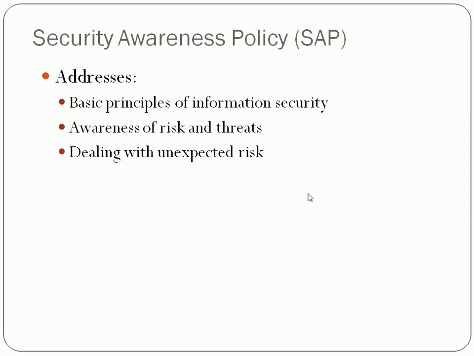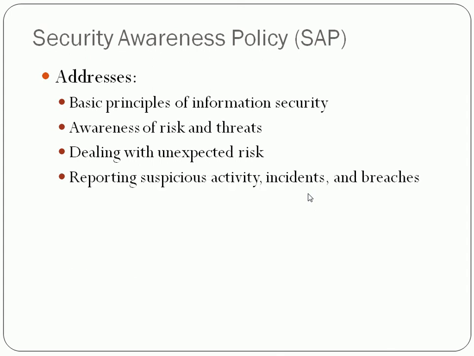Dealing with unexpected risks: we want to give our users the tools in this security awareness policy to think about a risk, even in situations that are not predictable. We should talk about reporting suspicious activity, incidents, and breaches. Users should know that they have a duty to report these things and when it's appropriate to do so. And finally, building a culture that is security and risk aware.